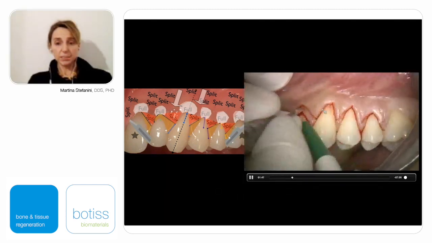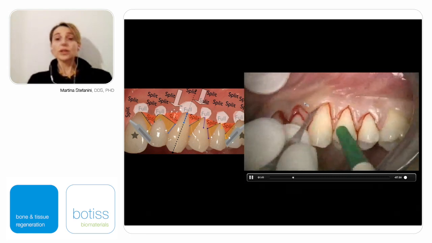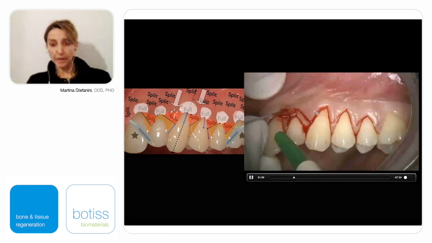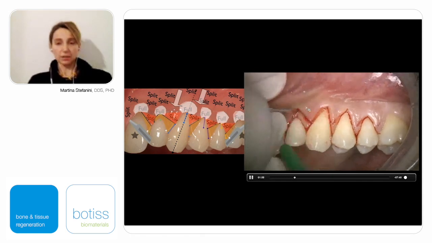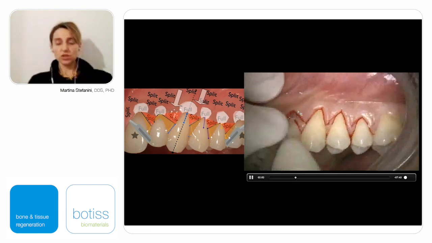This is the split thickness elevation of the surgical papilla that should end at the level of this imaginary line that connects the sulcus of the two adjacent teeth, exactly as we did in the treatment of single gingival recession.